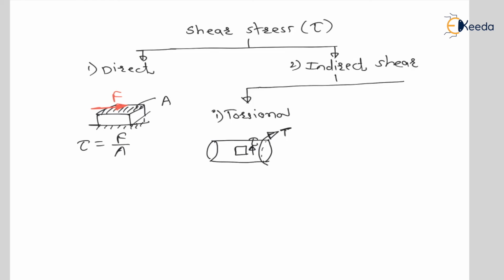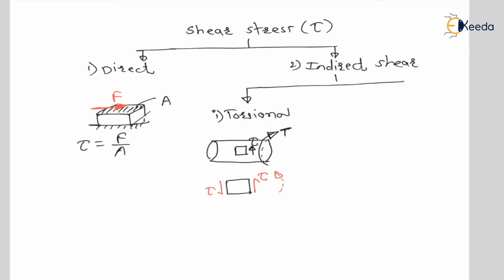If I consider this small element, on the right side vertical plane there will be torsional shear stress like this. For this tau, there will be an equal and opposite tau. Now, these two shear stresses are creating a couple in anti-clockwise direction, or they are trying to rotate the object in anti-clockwise direction.